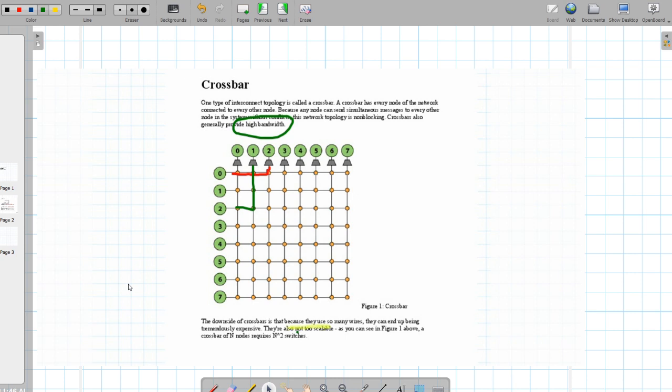You can see in the figure that there are 8 processors in your system, but to connect these 8 processors you need 8 squared, that is 64 switches to connect each of them with one another.